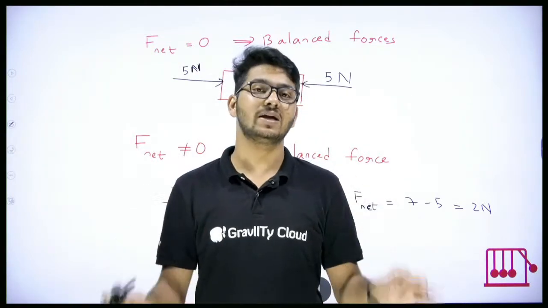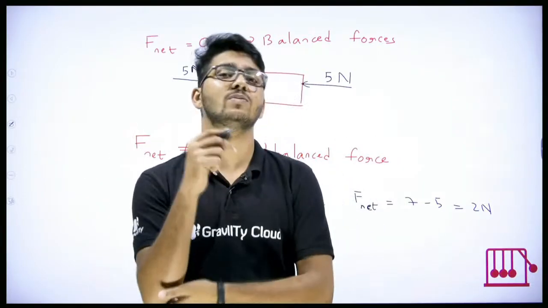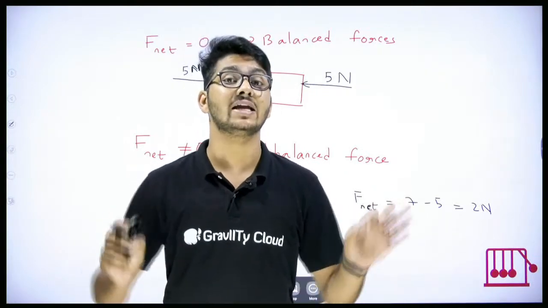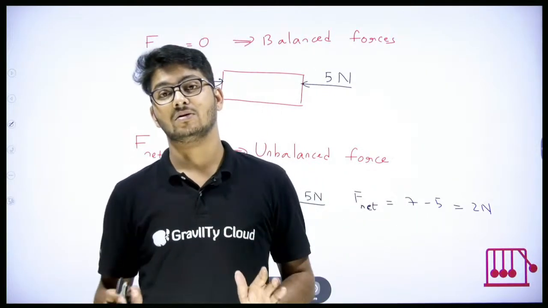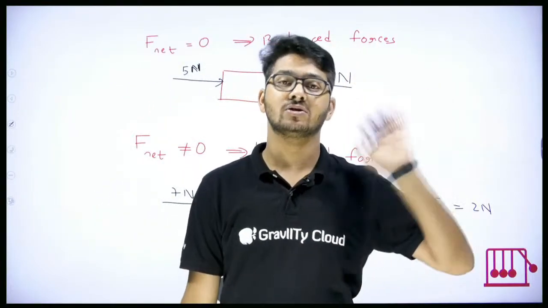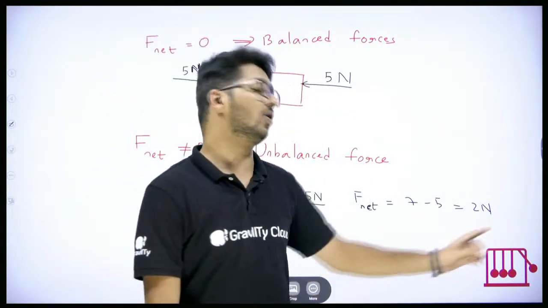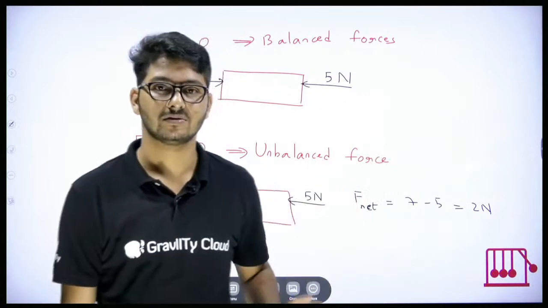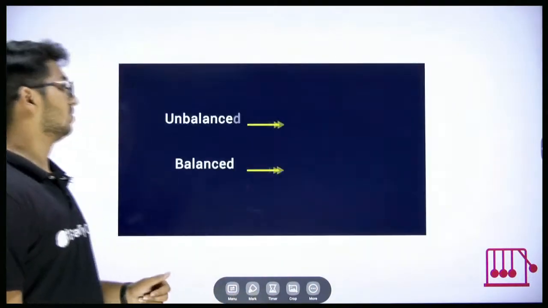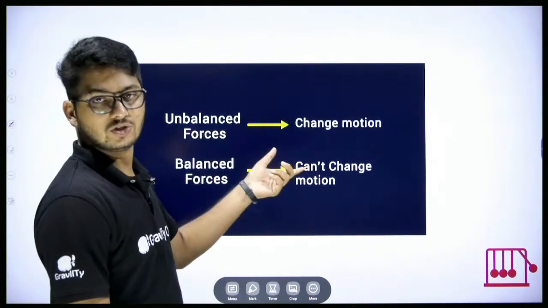They cannot change the speed, they cannot change the direction, they cannot make an object at rest move, they cannot stop a moving object, they cannot do anything to motion. So balanced forces cannot affect the motion, but unbalanced forces can. It all depends on net force. Clear?